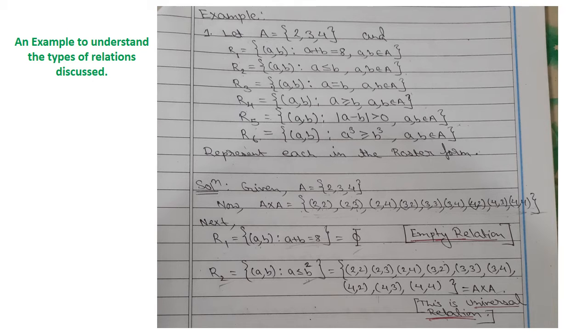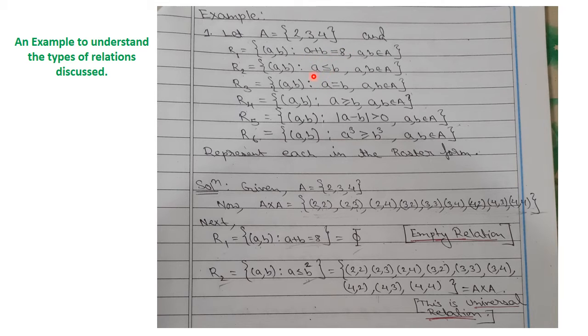Let us see an example. Here I have taken a set A which has elements 2, 3, 4, and I have defined these relations R1, R2, R3, R4, R5, R6. R1 is defined as: the sum of the first and second component should be equal to 8.